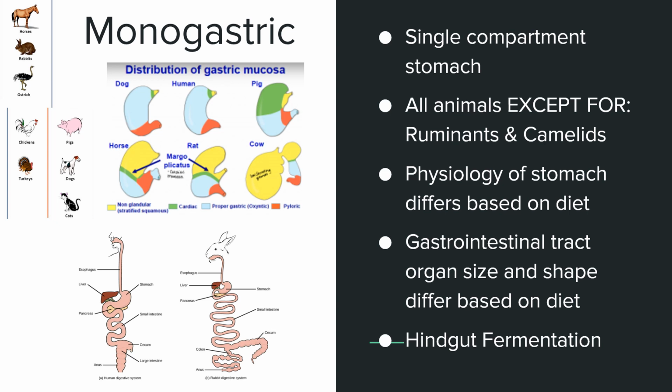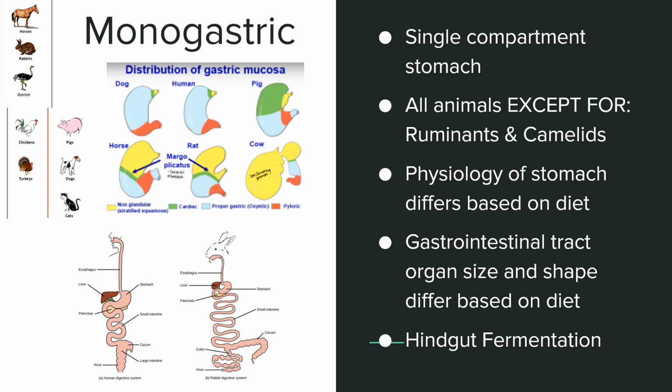And then also the length of our intestines, as well as an organ called a cecum. So we have different pieces to our digestive tract. And in humans, we'll talk about this thing called a cecum that really doesn't exist, but in our herbivores, it does, and it plays a huge role.